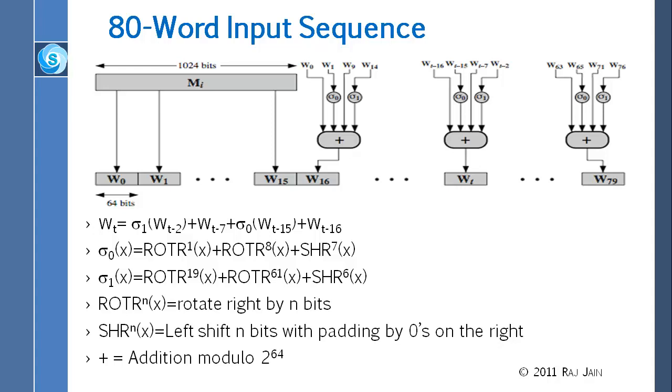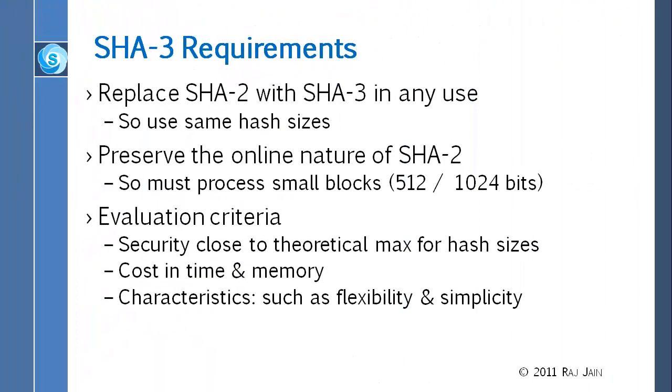But I don't think you can remember these functions. SHA-3 should be a code that can replace SHA-2. So somewhere you are calling this SHA routine, and instead of SHA-2 you will be calling the SHA-3 routine, so it should be backward compatible. It should be usable online, which means in software, and then the evaluation criteria.